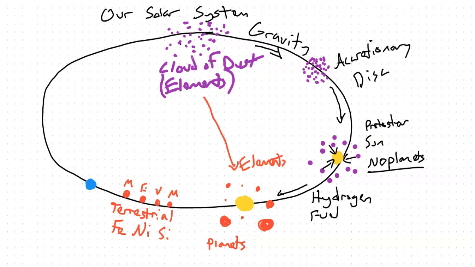So you have Jupiter, which is our largest planet, Saturn, Neptune, and Uranus. We call these the gas giants.